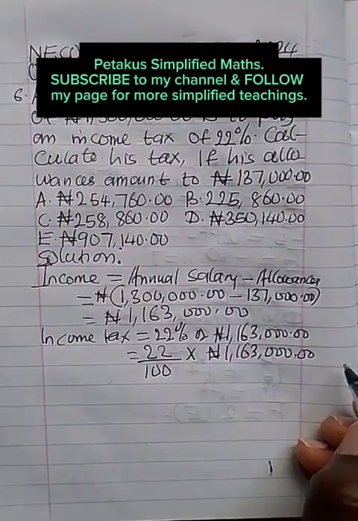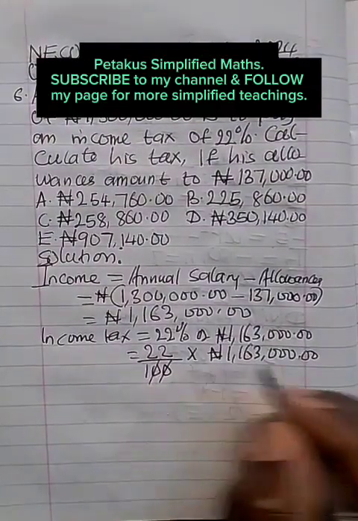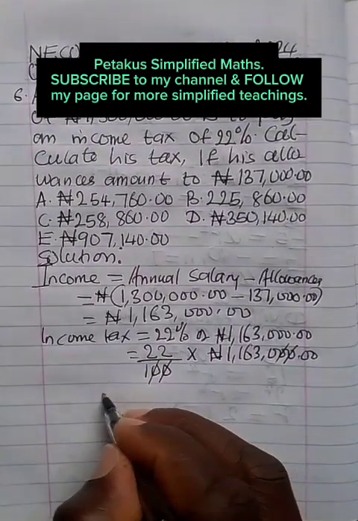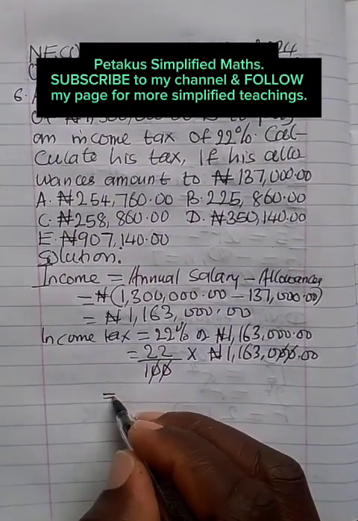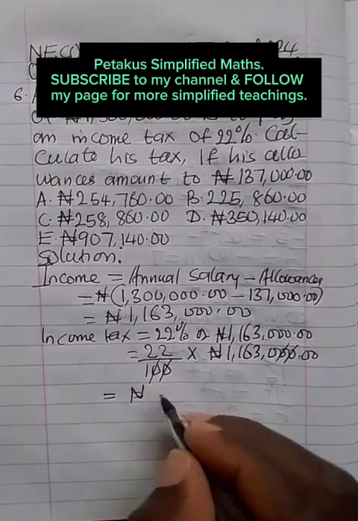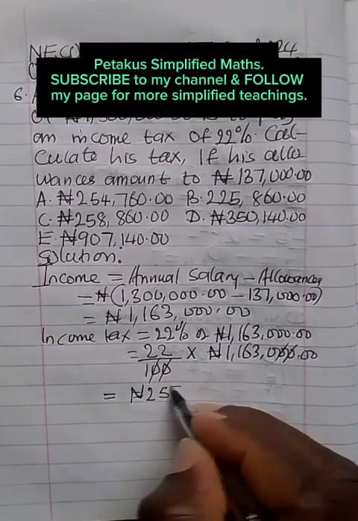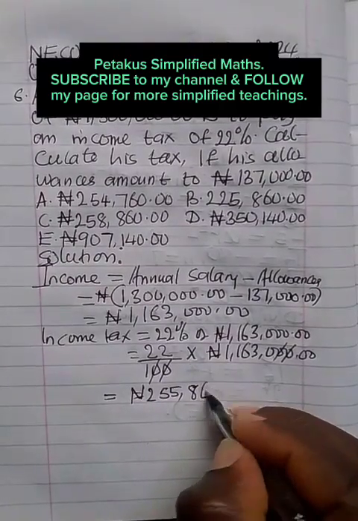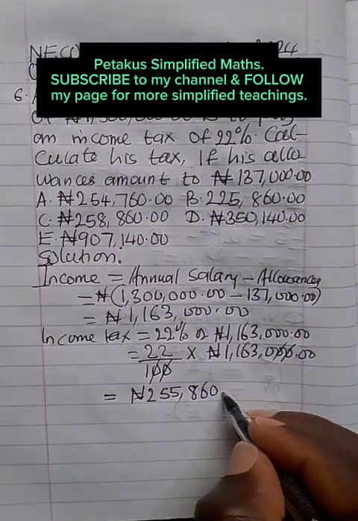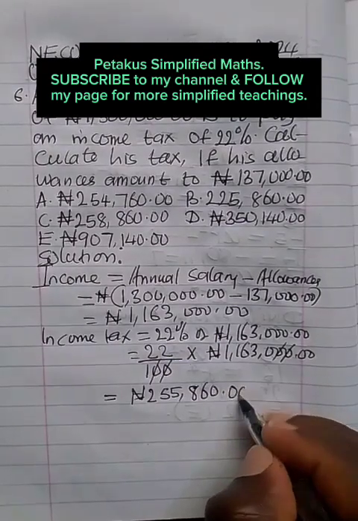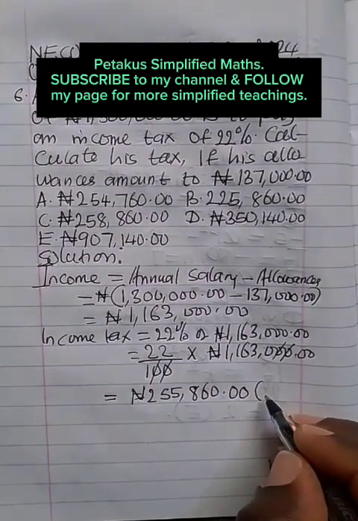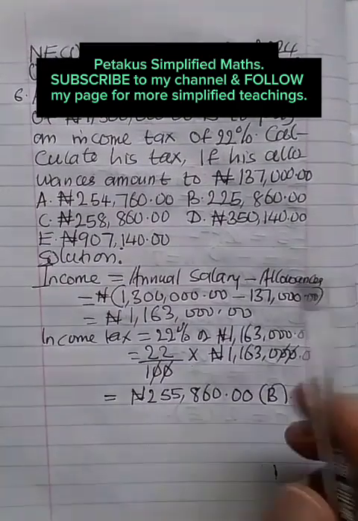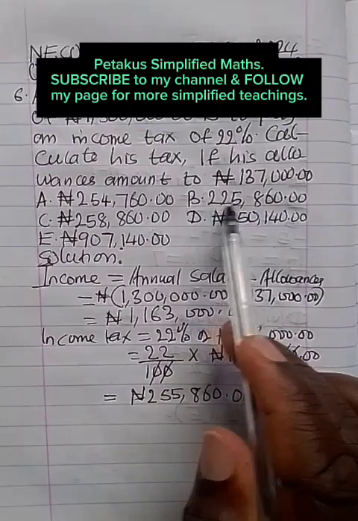This part is kobo, so we remove 0, 0. If you multiply, what is remaining? You have 255,860 naira, no kobo. The right option is B. You have it from here.